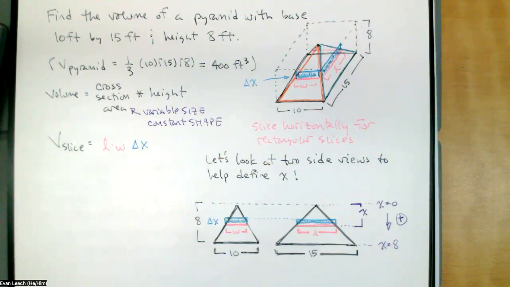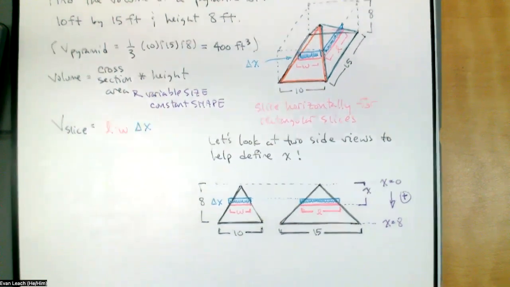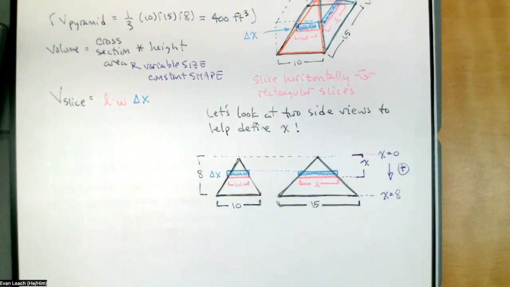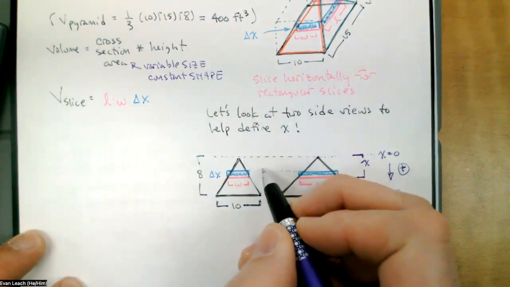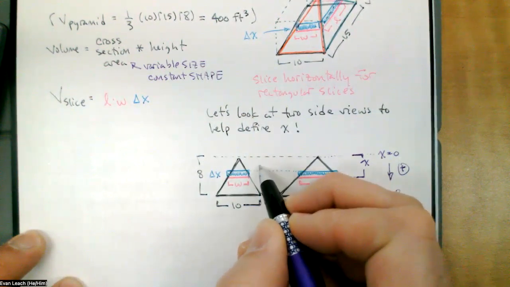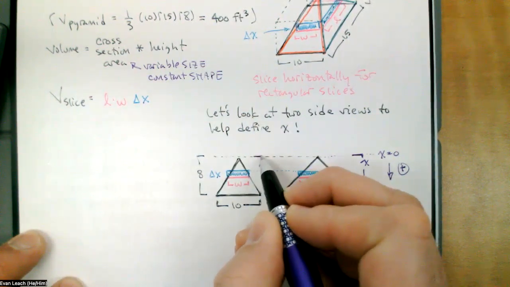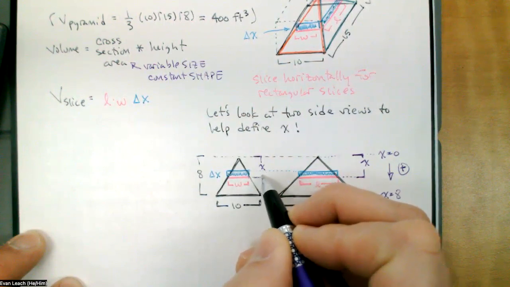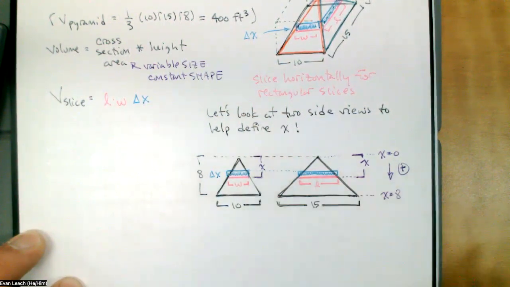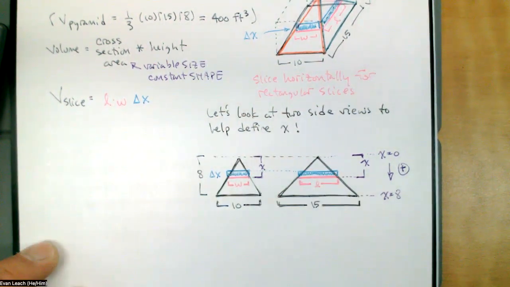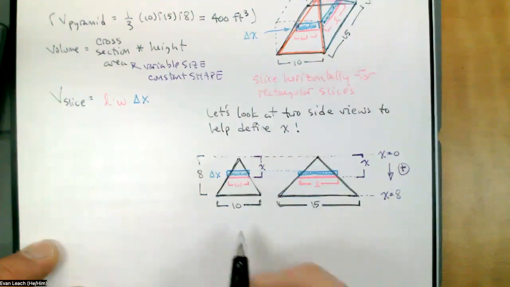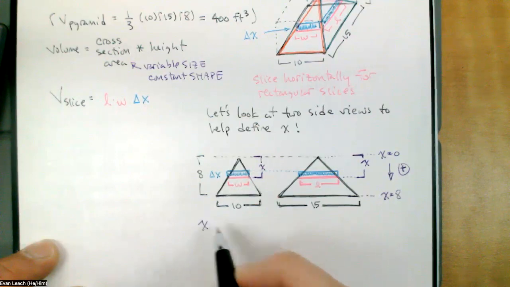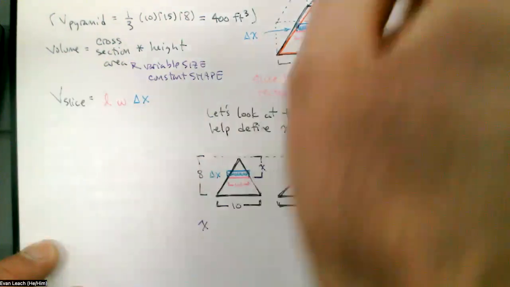Once again, I chose x to be up here because I'm going to make a ratio. I'm going to use similar triangles. So I have x here. X is also going to be here. It's the same x. So we're going to make a ratio of the height to the base for both of these triangles. Take the height. Oh, I'm going to flip it over.